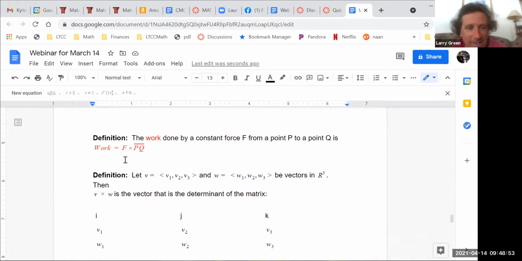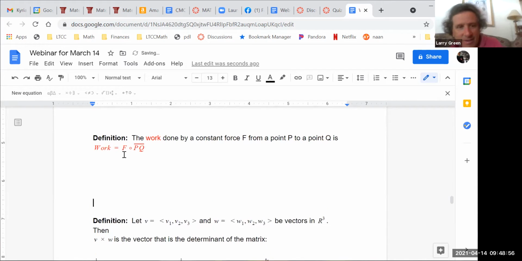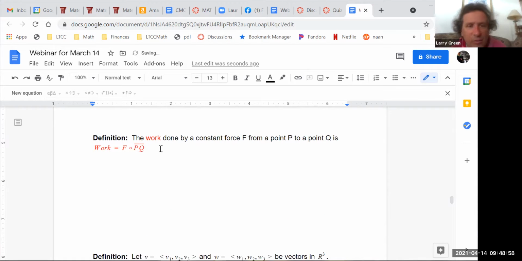Okay, then finally a little physics. The work done by a constant force F from a point P to a point Q is the following. The work is equal to F dotted with PQ. Let me ask you something, because I have no idea, even though I wrote the course, believe it or not. Have you had this in physics yet? Those of you who are taking physics? Okay, so you've seen this before.